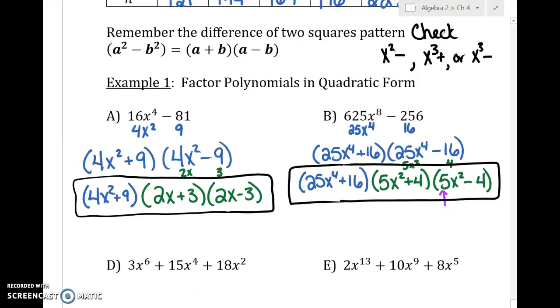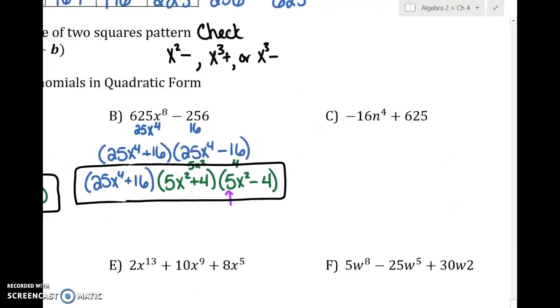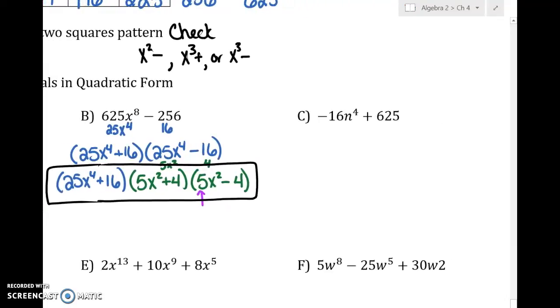All right. Do you see a problem with example C? It's negative 16 n to the fourth, and it's plus in the middle. So here's a fun little trick. Let's factor negative 1 out of both of the terms. Negative 16 n to the fourth divided by negative 1 is positive 16 n to the fourth.